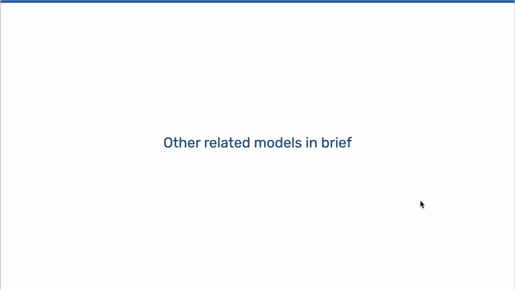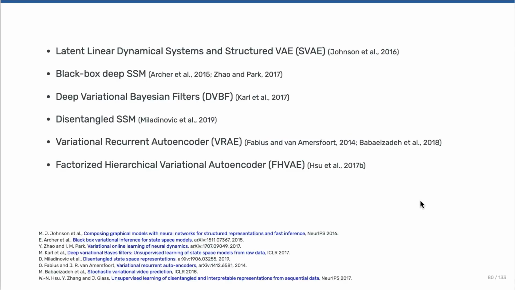Okay, thank you, Xavi. We have almost finished our review of the DVAE literature, at least for the models that we wanted to detail. Before we go back to the general class of DVAE models, we can have a quick look at some other related works in the literature. We found a series of works that are closely related to DKF-DMM and more generally to the deep state space model approach.